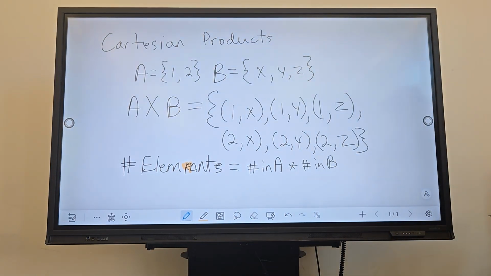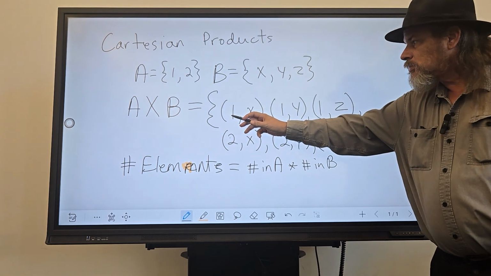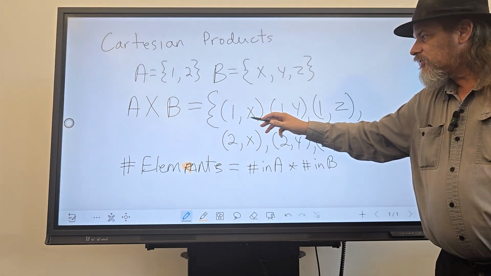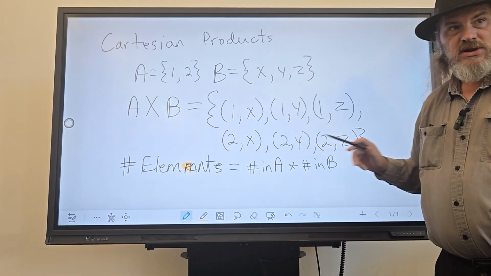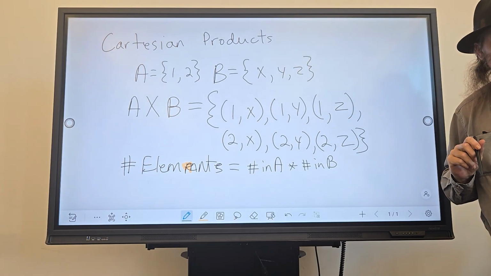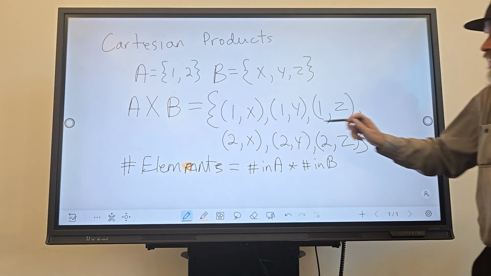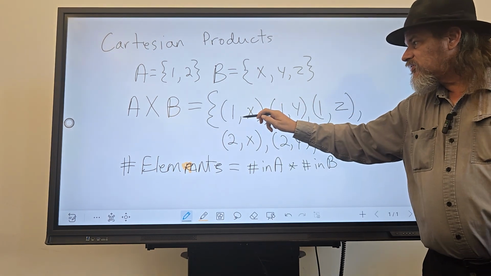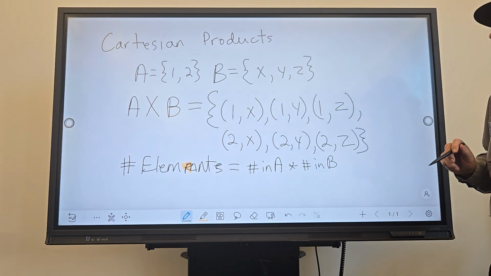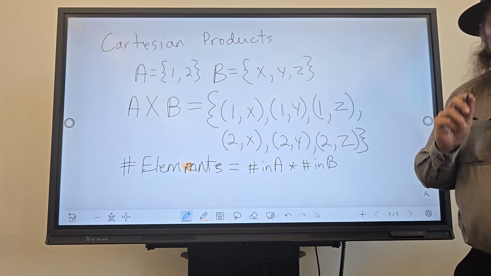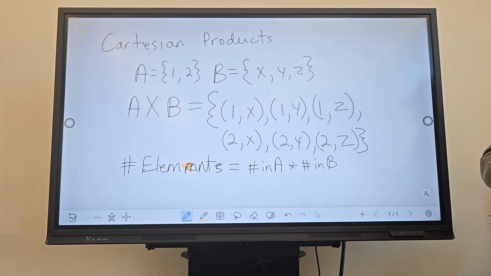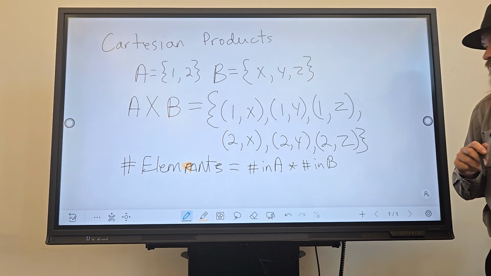Just to note that the order in the ordered pairs matters. This is not the same as X, 1, like in set notation. The ordered pair with the parentheses, order matters. (1, X) is different from (X, 1) in an ordered pair.